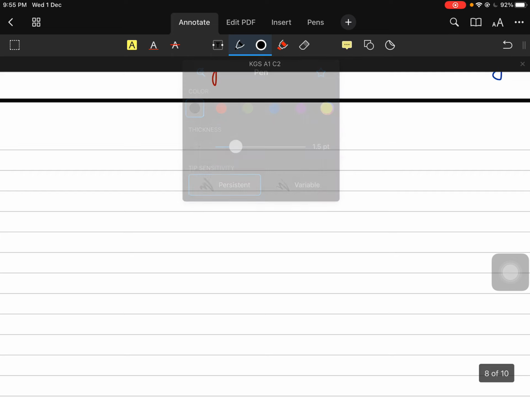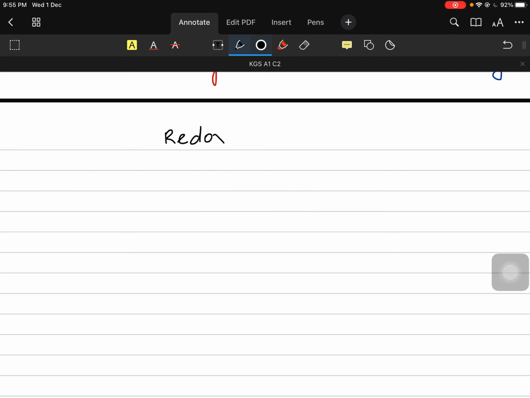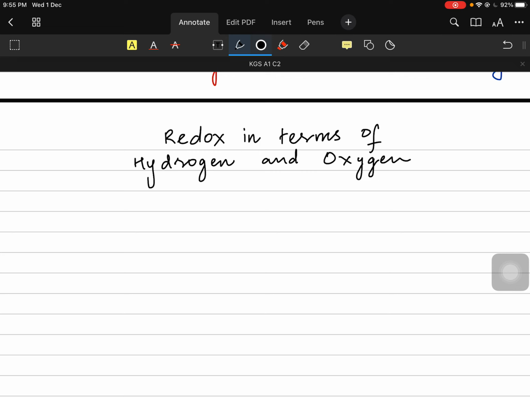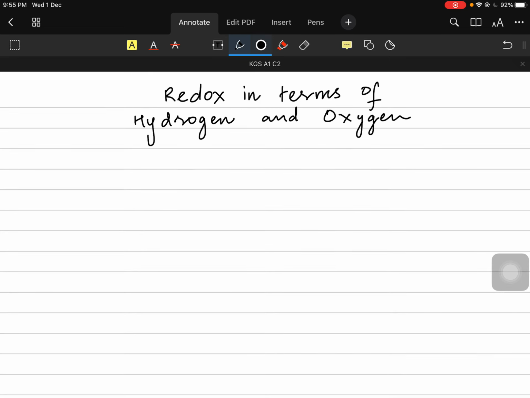In today's session, we're going to be talking about redox in terms of hydrogen and oxygen, because it's a simple reference for us to see redox reactions without going into much of the electronic detail.